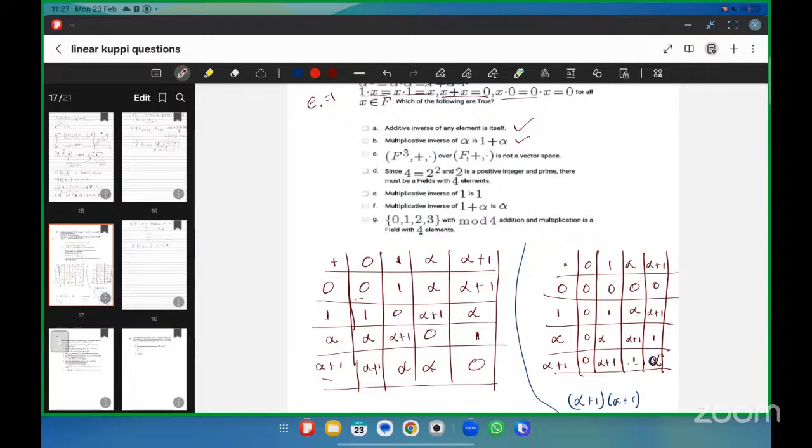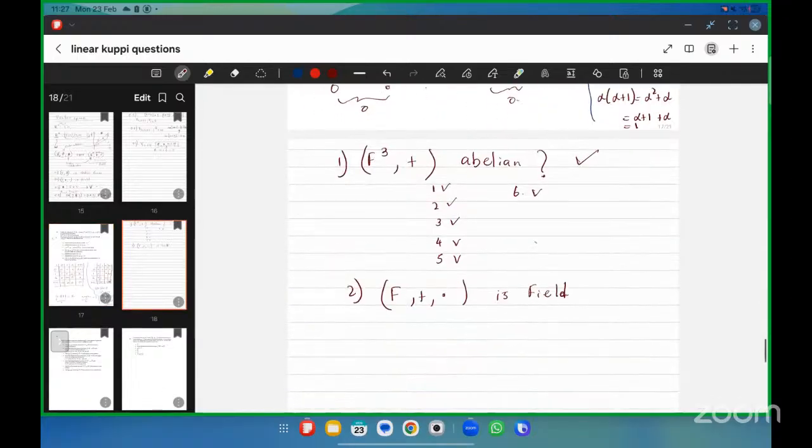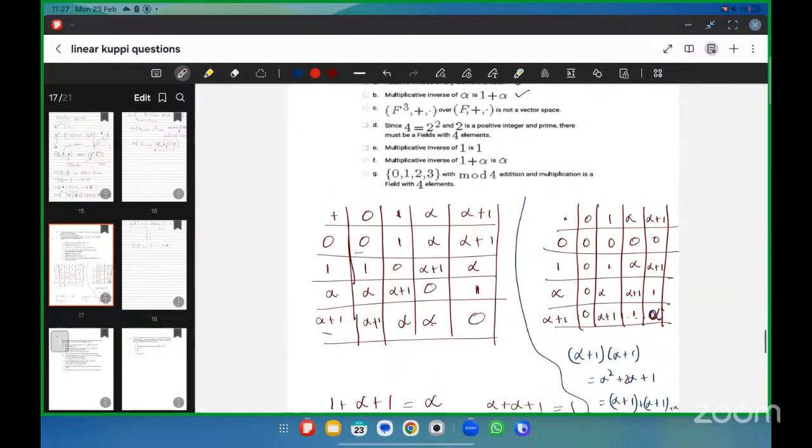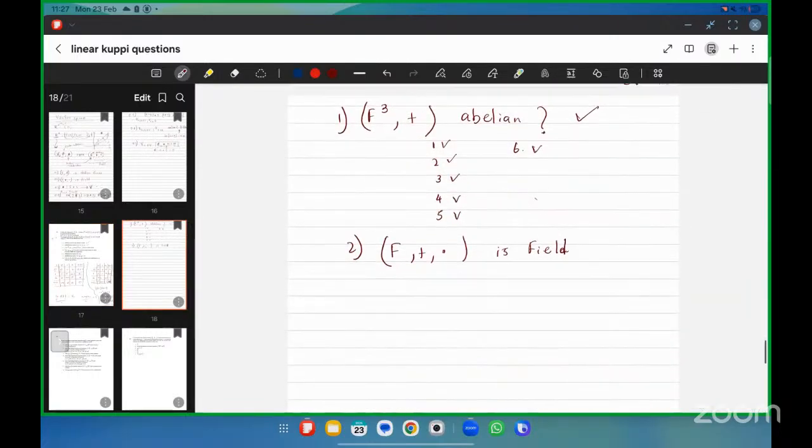The third one is it's a field. For the field we have four conditions. So it is an abelian group, yes. And plus, dot should also be an abelian group.